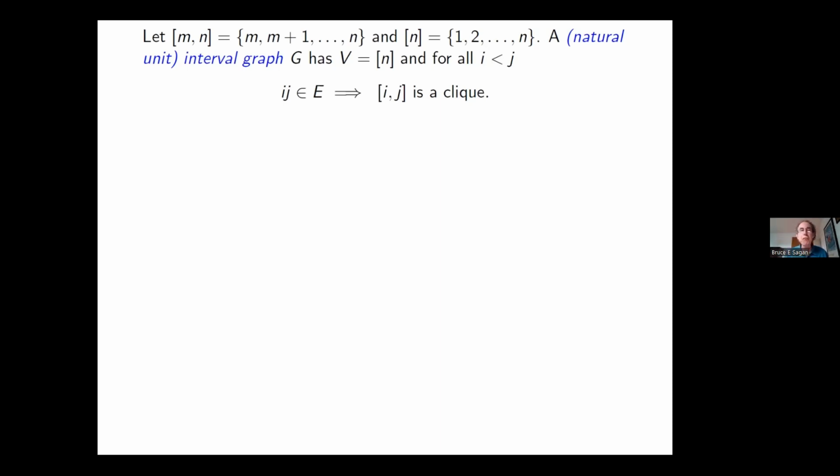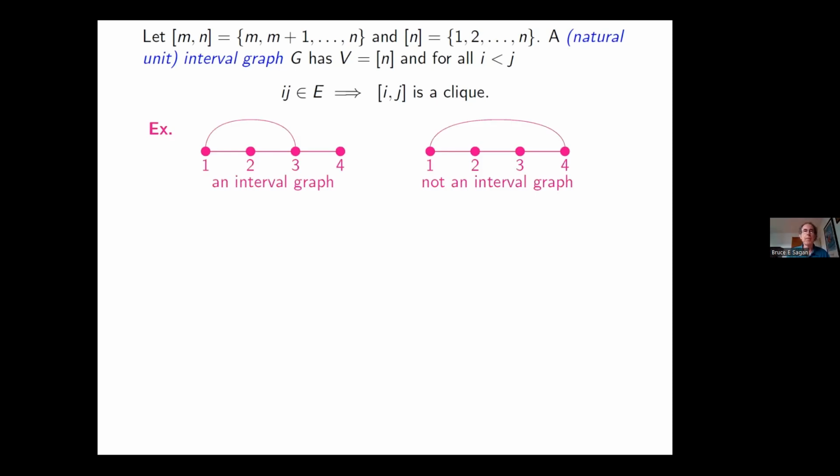You must have, if you have an edge from i to j, an edge between any pair of vertices inside that interval. So for example, this is an interval graph, right? Because if I look at the edge 1, 3, then all the edges inside, 1, 2, and 2, 3, are there. But this isn't, right? Because I have the edge 1, 4, but that would imply, if it were an interval graph, that I should have 1, 3, and 2, 4, and they're not there.